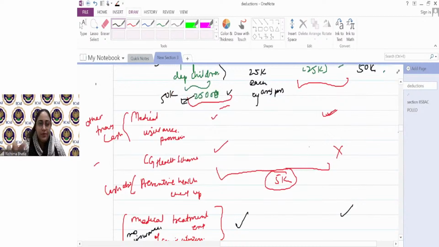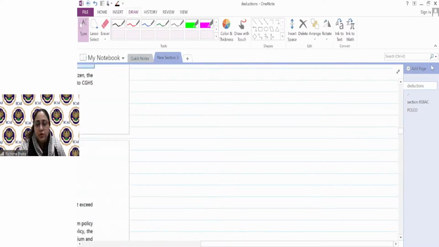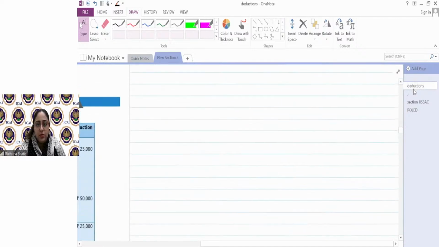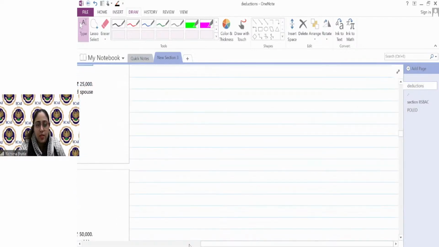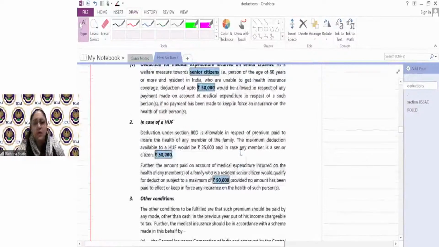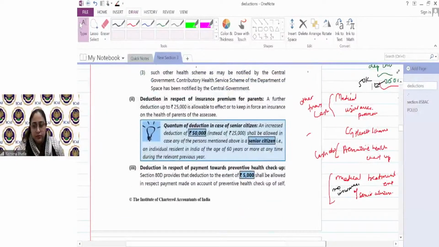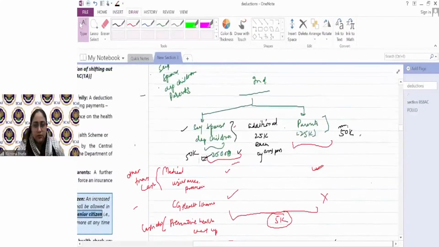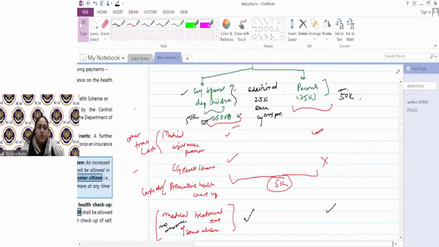If you want to make a chart of it, please make a note of it. You can take a screenshot of it also. It is given nicely here as well. Okay, now we will do a question, which will make it clearer.